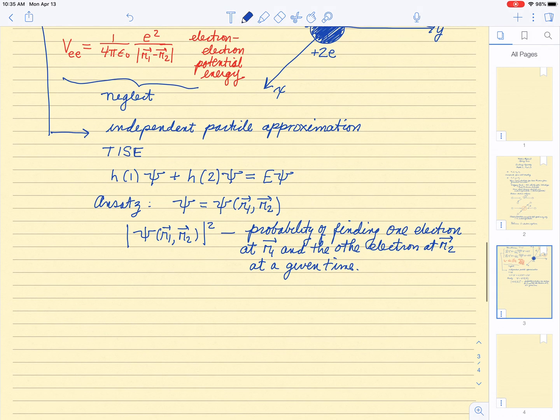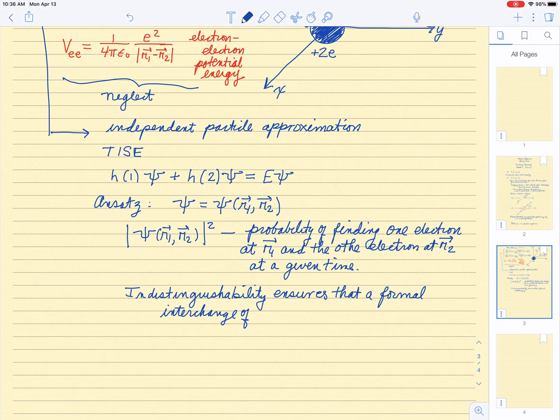Now, indistinguishability ensures that a formal interchange of particles, in this case electrons, produces no observable effects.